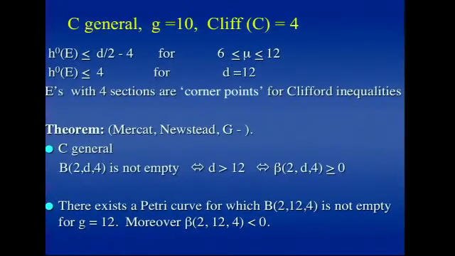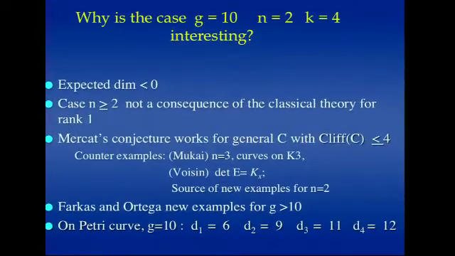Now, when genus equals 10, we can calculate that the Clifford index is equal to 4. But what's interesting is that I will look at the degree 12 bundle. Here I calculated the different gonalities, and if you notice, D1 is 6, D4 is 12.